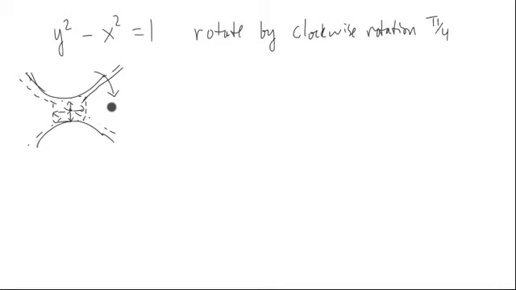All right. So to perform this rotation, we're going to be replacing y with something, and we're going to replace x with something, so this equation still holds. So we're going to be rotating here.